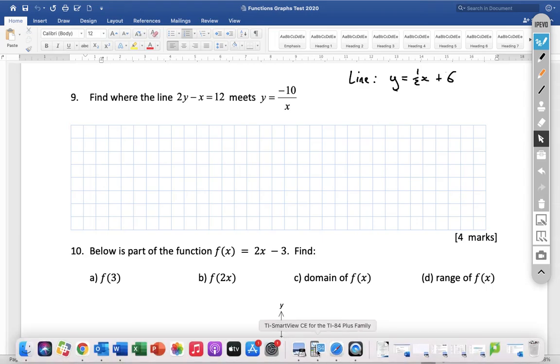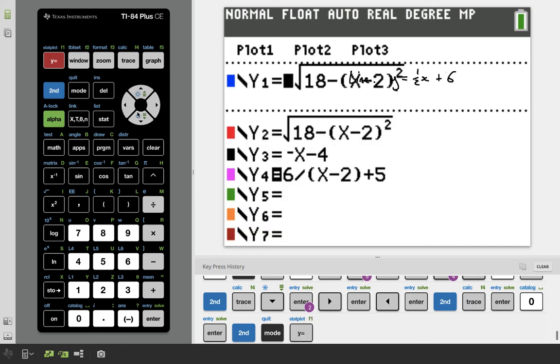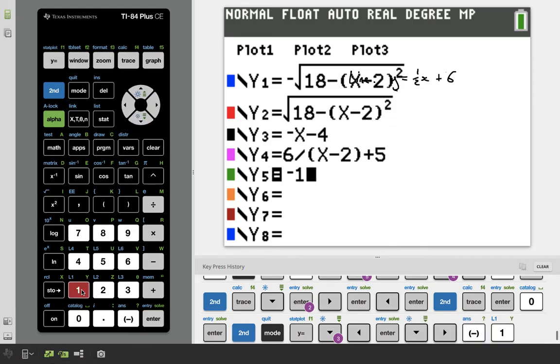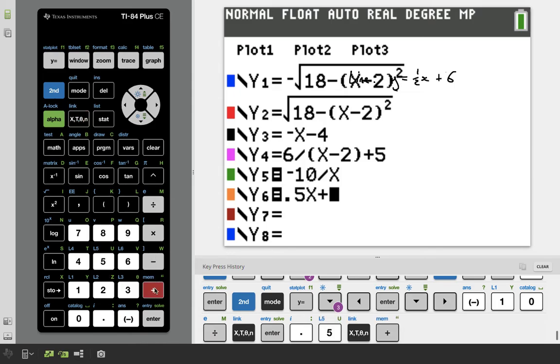So again, y equals, I'm going to deselect that one. The hyperbola was -10 divided by x. The straight line equation, I've got it on the screen, it was half x, 0.5x, then it was a +6.